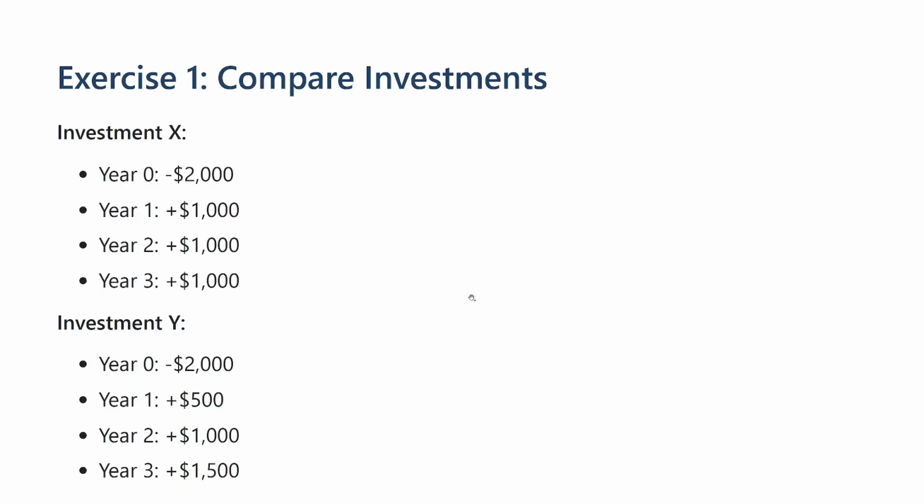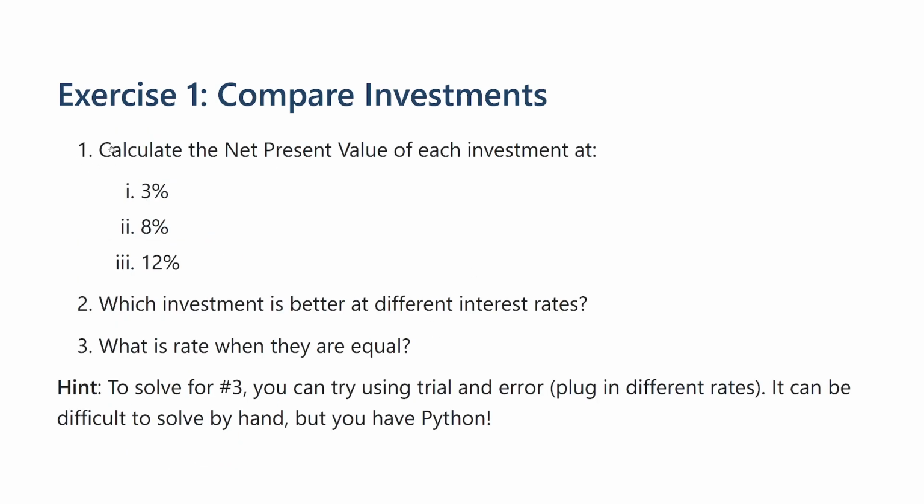Okay, here's an exercise. We want to compare these two investments. For both, you invest $2,000 in the beginning and you get different types of returns. Very similar. I want you to calculate the net present value of each investment at 3% interest rate, 8% interest rate, and 12% interest rate. And I want you to find out which investment is better at different interest rates and what the rate is when they are actually equal.